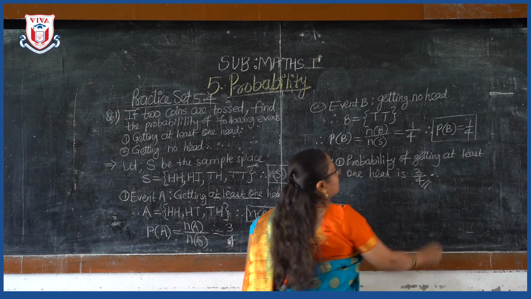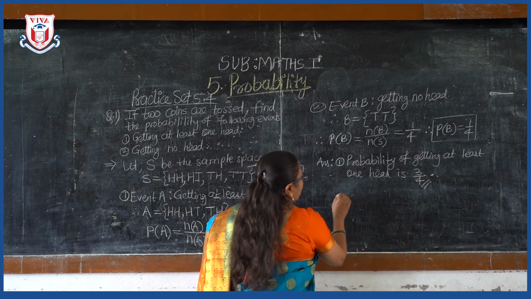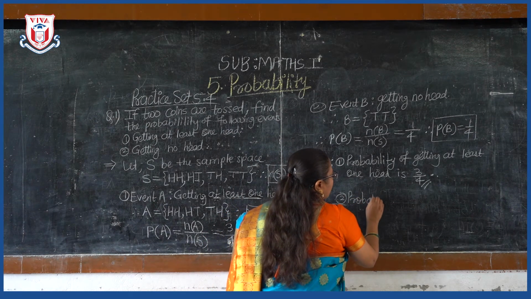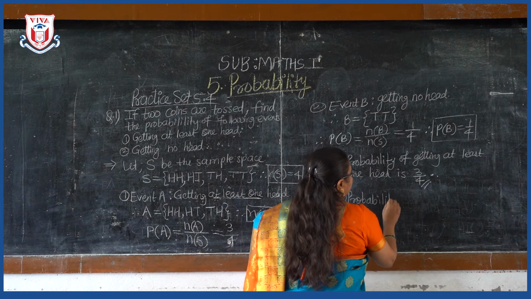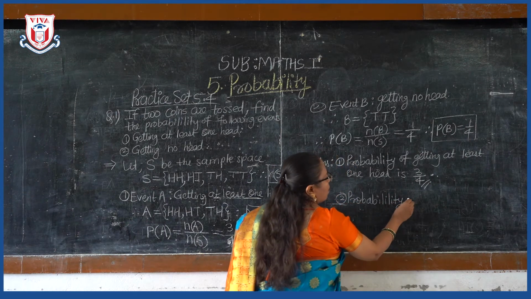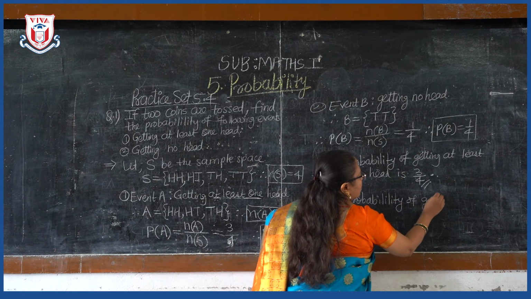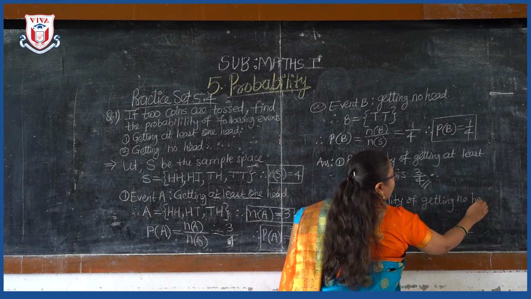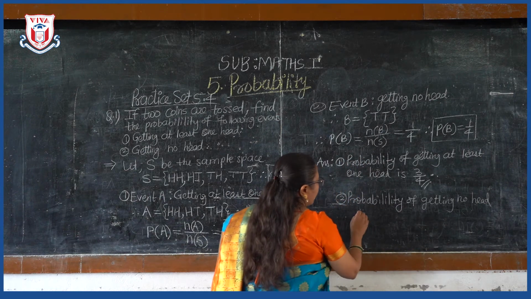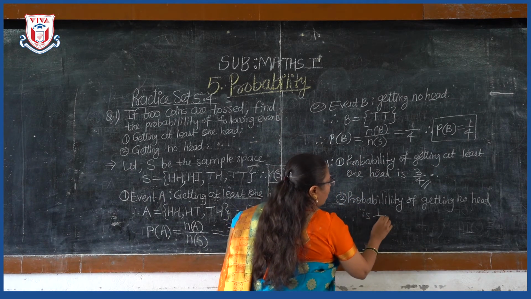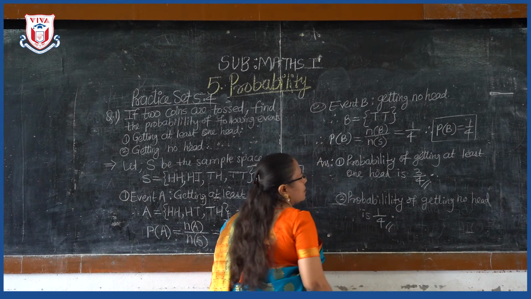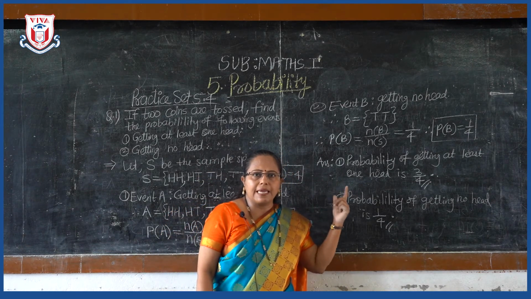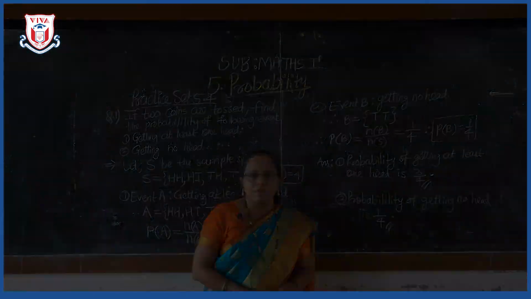Second answer: probability of getting no head is 1 upon 4. This way we can calculate the probability of any event. Understood?